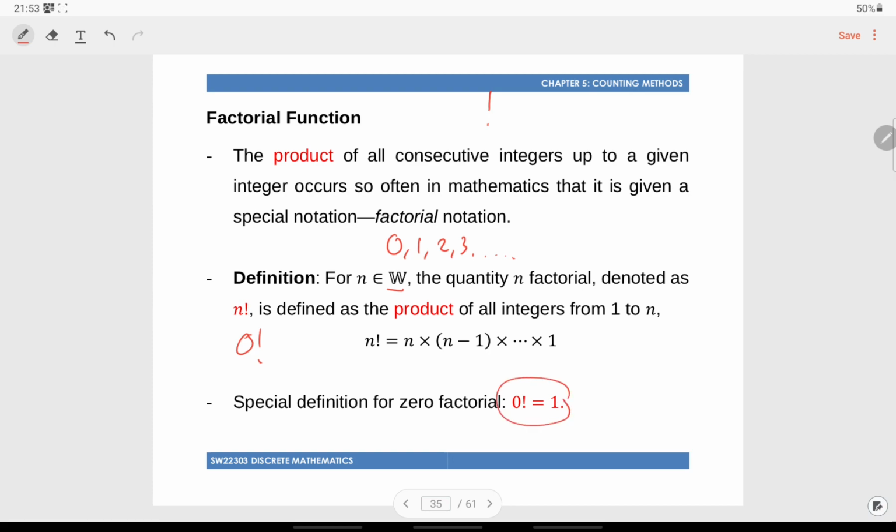This is considered a special definition. All mathematicians agree that 0 factorial is defined as equal to 1. The factorial is defined as the product of all integers from 1 up to n. So n factorial equals n times n minus 1, n minus 2, up to times 1.